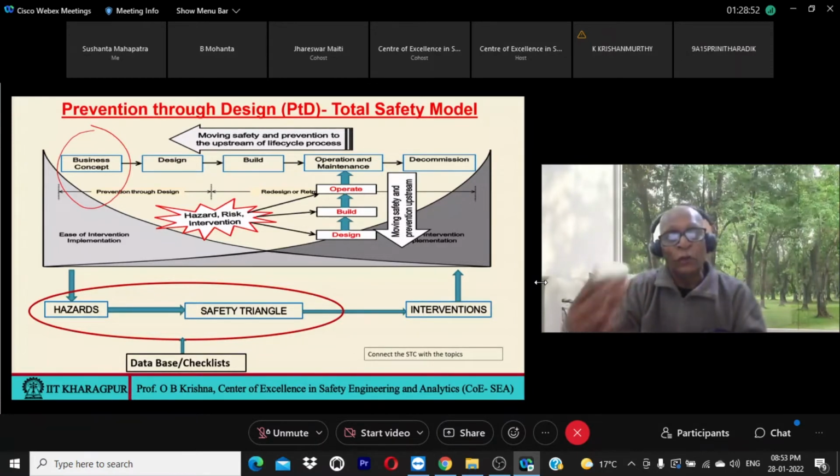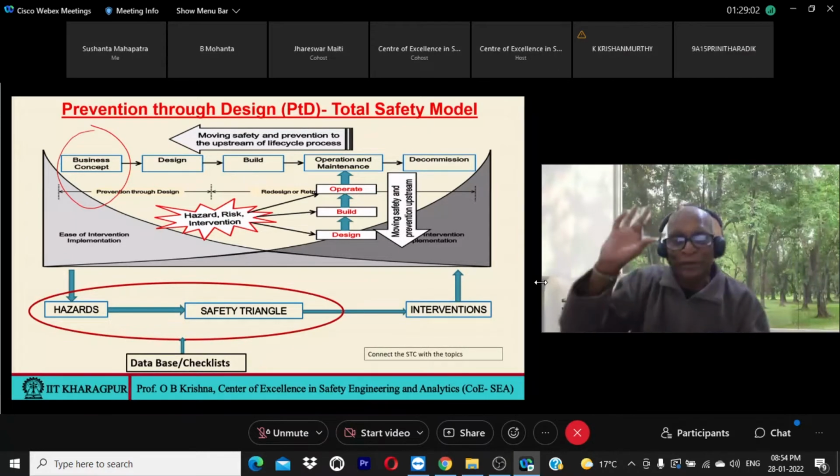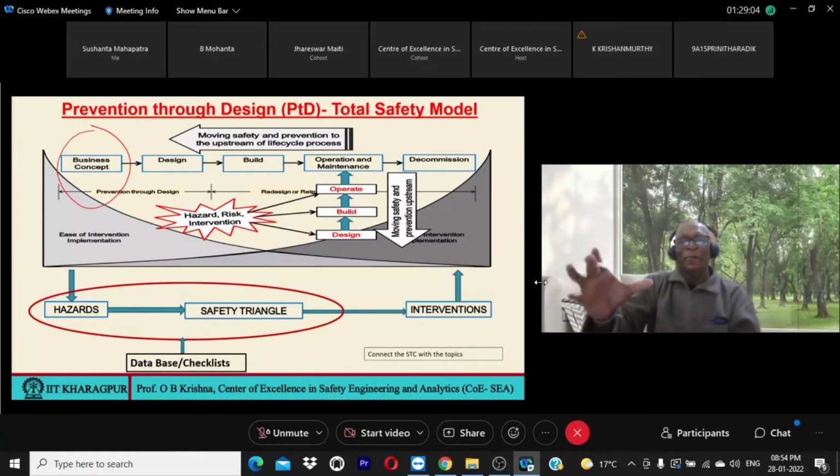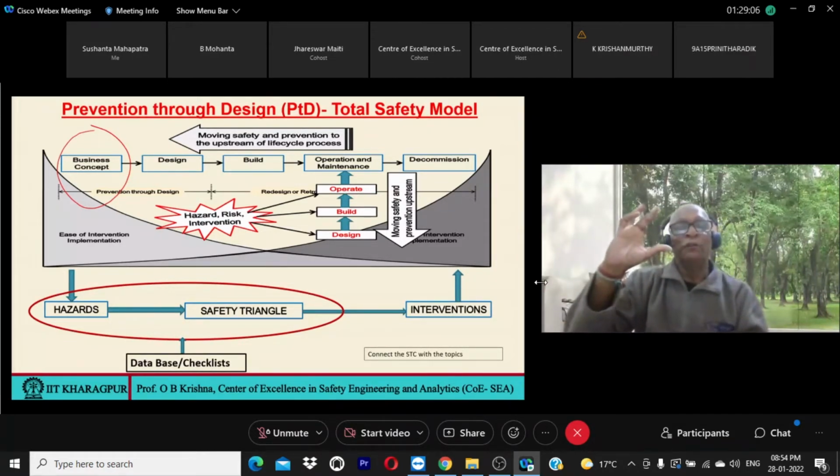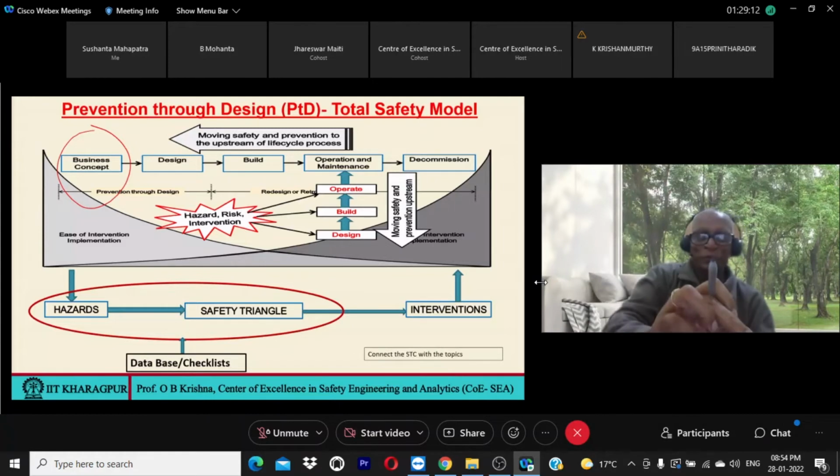Not a single drop of blood should fall in the factory wherever I put my factories. That is Tata's business concept. So at the business concept itself, you give your policies, your vision. There itself, you can put many requirements.